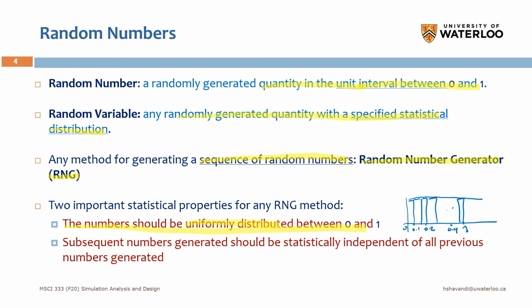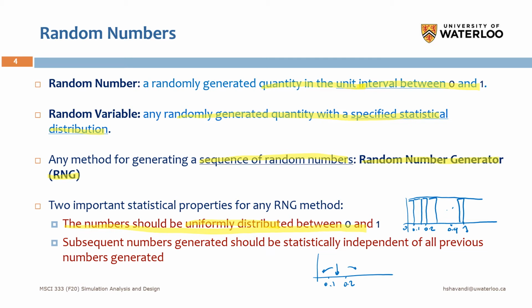If the previous number falls in the interval between 0.1 and 0.2, this shouldn't affect the next number being in this interval or any interval close to it. So any number that we generate by a random number generator should be completely independent of the sequence of random numbers generated previously.